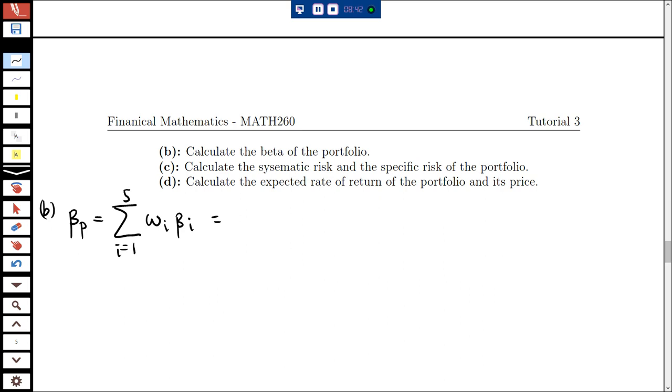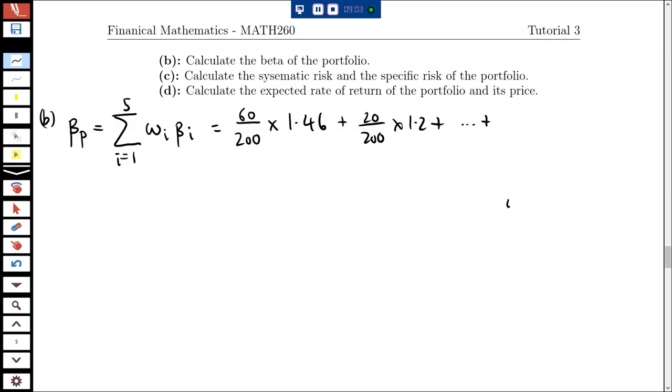Okay, the first asset has 60 million invested out of the 200 million, and the first asset has beta 1.46, and repeat this on each of the terms. There's only 5 terms. The final term is 40 million invested out of the 200.